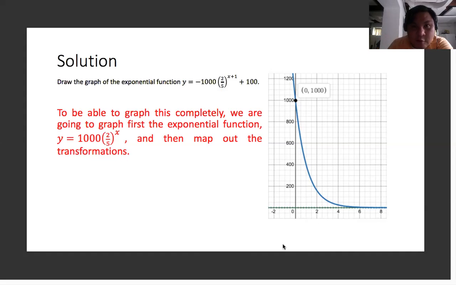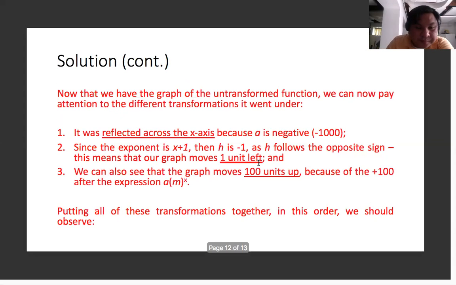So from negative 1, negative 1,000, the y value has to be increased by 100. So negative 1,000 plus 100 gives us negative 900. So you expect this point to have traveled to negative 1, negative 900.